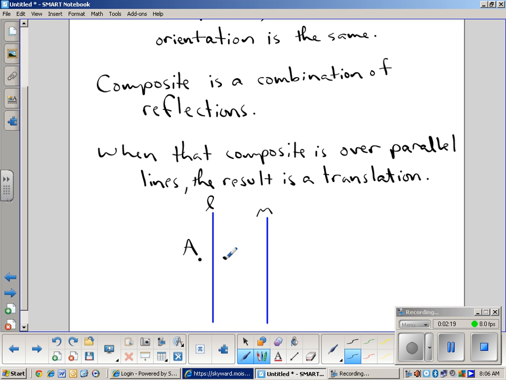Is it pretty close? Sure. Okay. And then if I reflect A over M, I get something like this. And so this would be the first reflection, this would be the second reflection, and we use one tick mark, we call it A prime. If we use two tick marks, we call it A double prime. Okay?